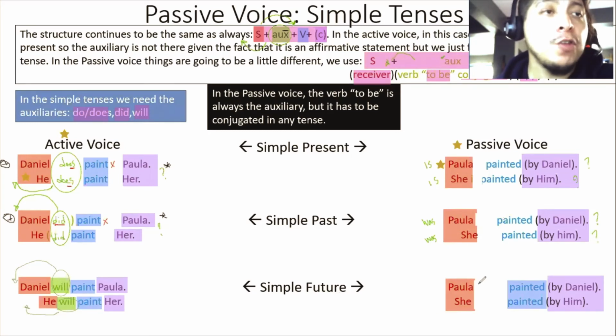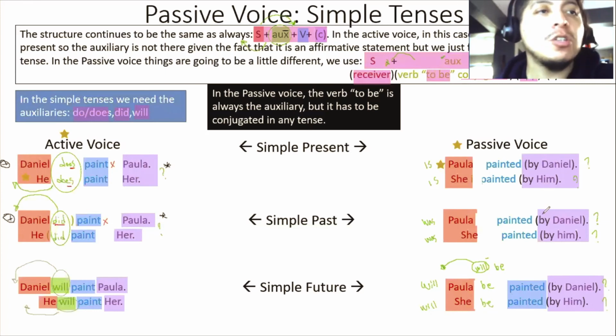In the future, remember that you have two parts. You have will and you have be. When that happens, only the first part takes the negative and only the first part switches positions. So you say, will Paula be painted? Or you can say, will she be painted by him? These are questions, okay?